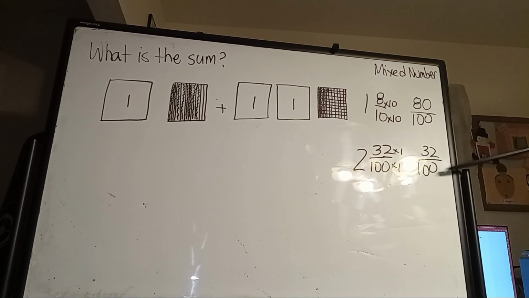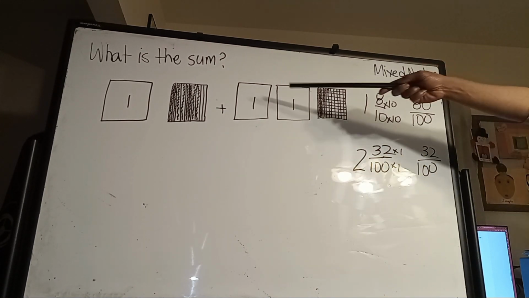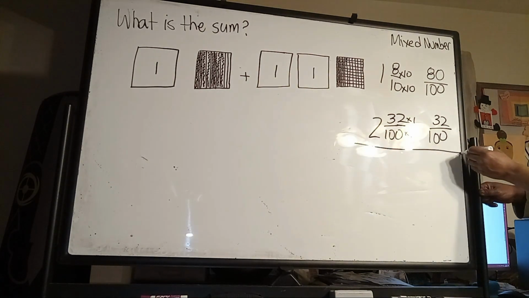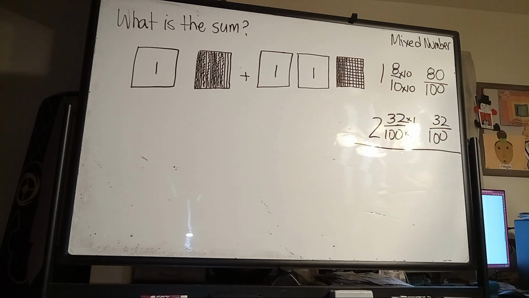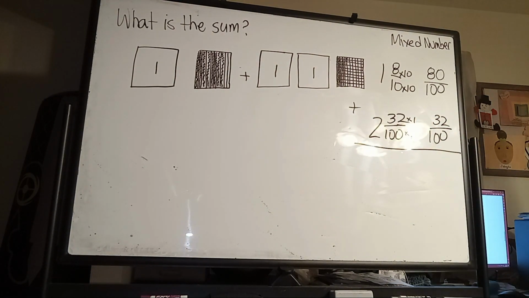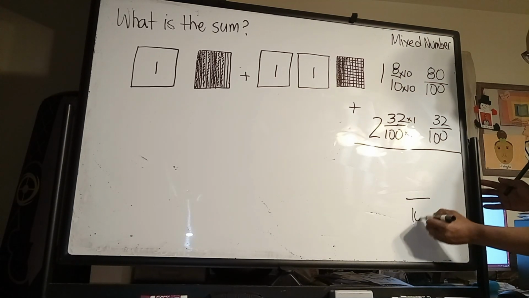So now that we both have the same denominators, we can go ahead and do what the problem asks: find the sum. So we're just going to bring over our equal line, and we're going to add in our operation sign. And now we know our denominator is 100, so we're just going to put in our 100.